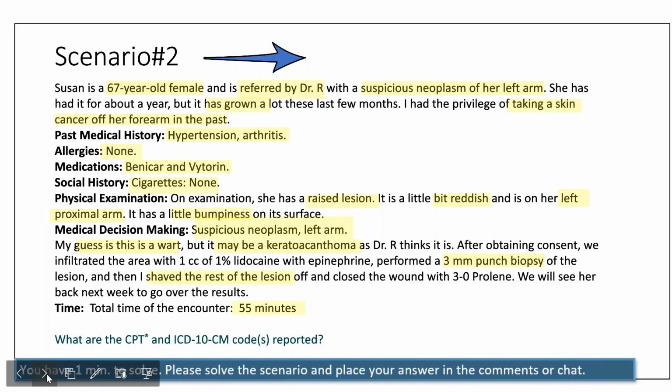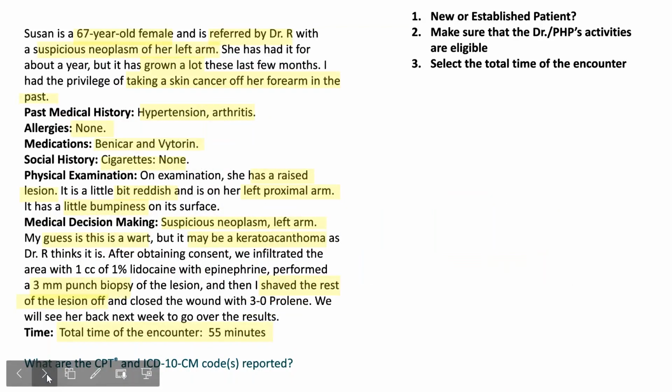Total time was 55 minutes. So our first job is to determine if this is a new or established patient. If you look at the scenario, this same doctor removed skin cancer off her forearm in the past. So that makes her an established patient because he has seen her in the past. Okay, does that make sense to everybody now? I think that's where we got confused there.